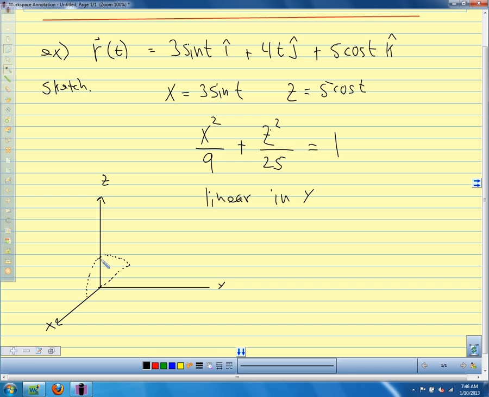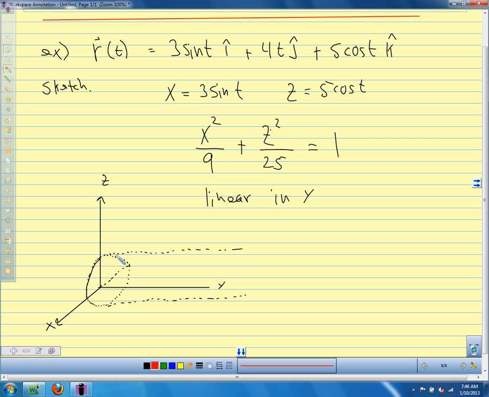In the xz plane, I'm going to do the dotted lines down here. So my ellipse, I'm going to do the ellipse. It's going to move along this cylinder, which is along the y-axis. And as t increases, it's going to spiral around this ellipse. So I'll try to sketch this out.